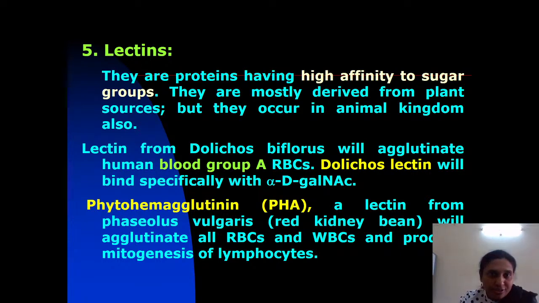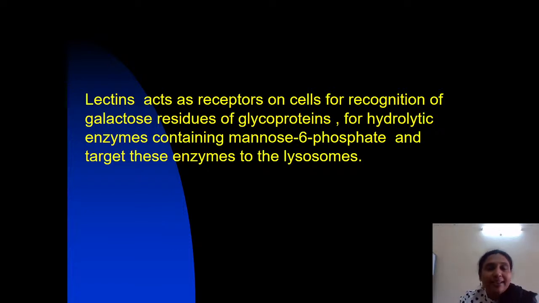Lectins are also simple proteins, and they act as receptors on the cell surface for recognition of galactose residues of glycoproteins. They also act as receptors for hydrolytic enzymes containing mannose 6-phosphate and target these enzymes to the lysosomes.